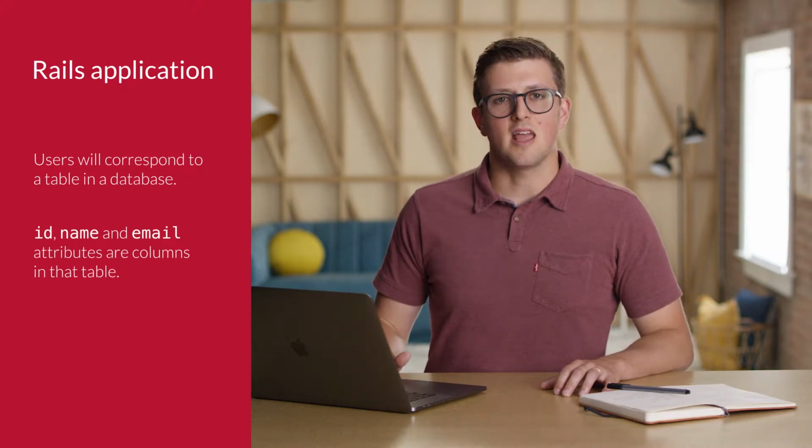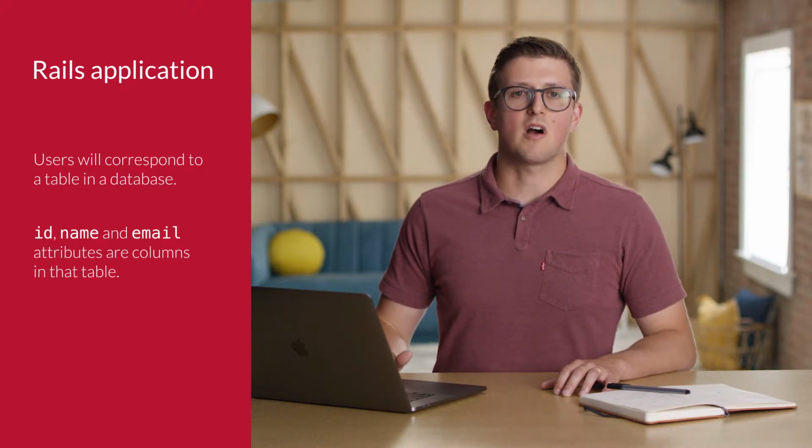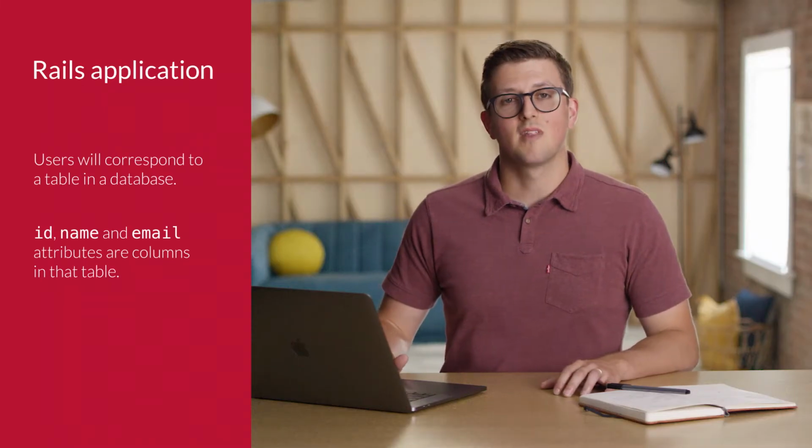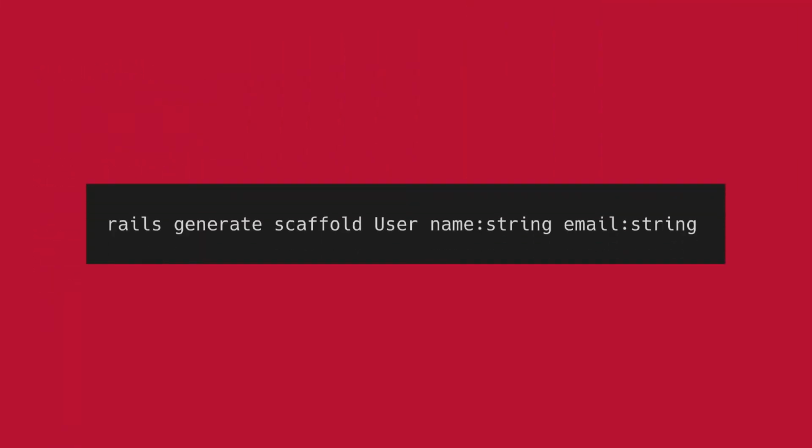In our Rails application, the users will correspond to a table in a database, and the ID, name, and email attributes are columns in that table. So far, we've only planned our eventual implementation of the data models in our application. We still need to create them. We can quickly scaffold our Rails application by passing the scaffold command to the Rails generate script.